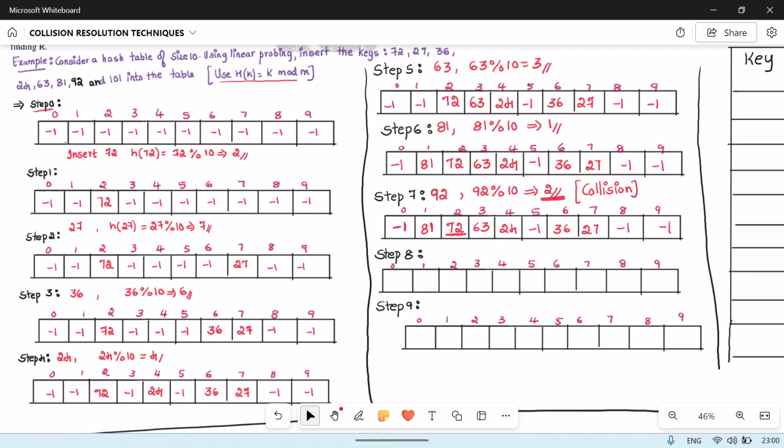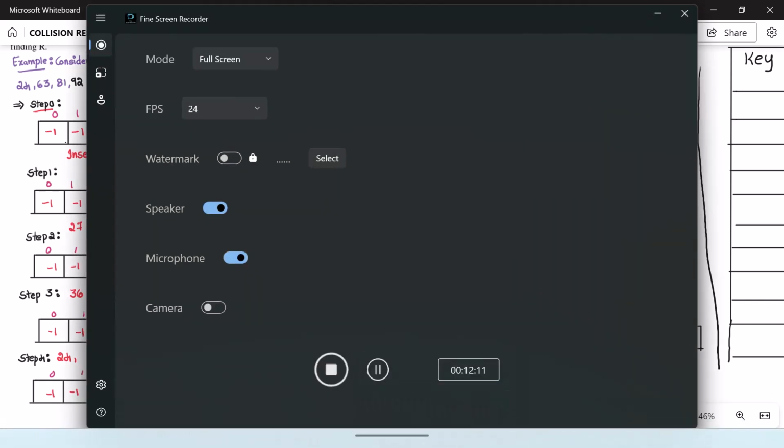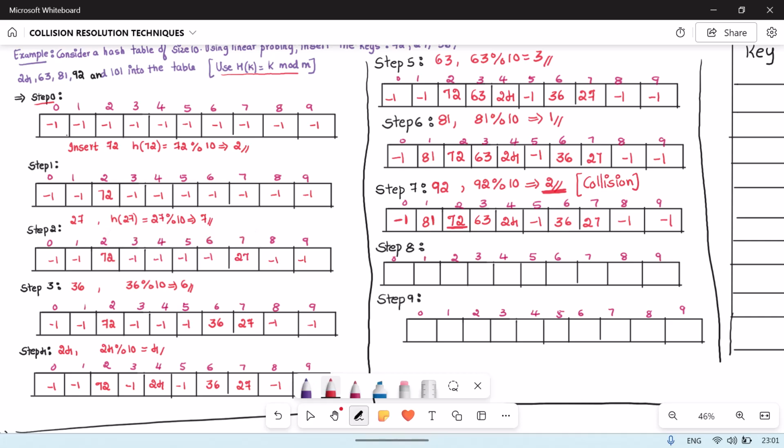So now we will make use of linear probing. What linear probing will do is, it will check for the next available position. It will go to the next position and check whether it is empty. 72 is already filled in that second position, so it will go to 3. 3 is already filled, 4 is already filled, but what about the fifth position?